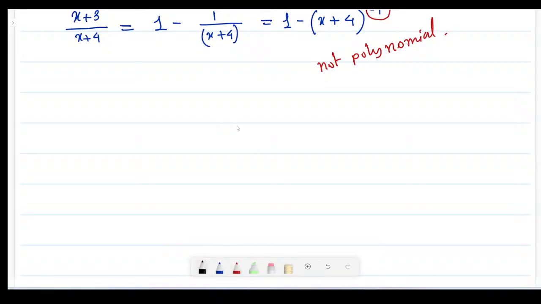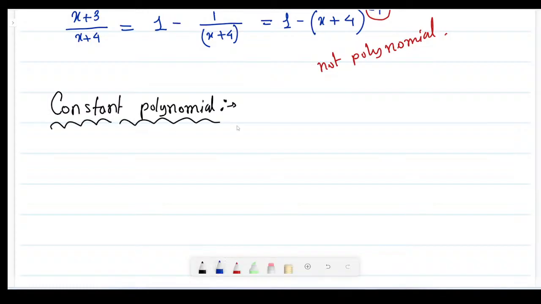Our next topic is, what is a constant polynomial. These are those types of polynomial where only a constant term is used. Such as, is only 4 a polynomial?